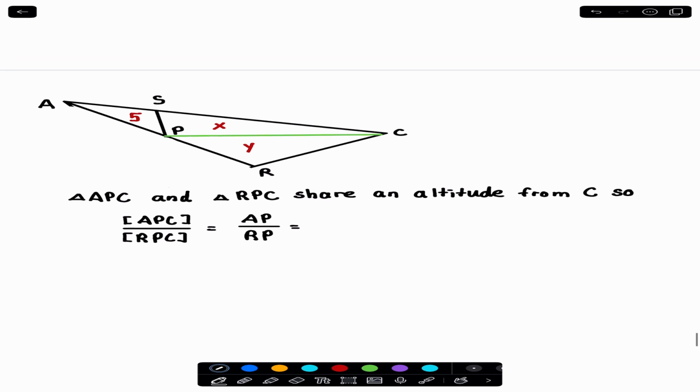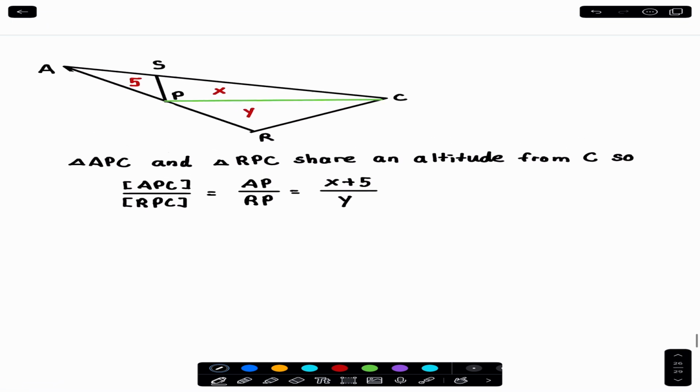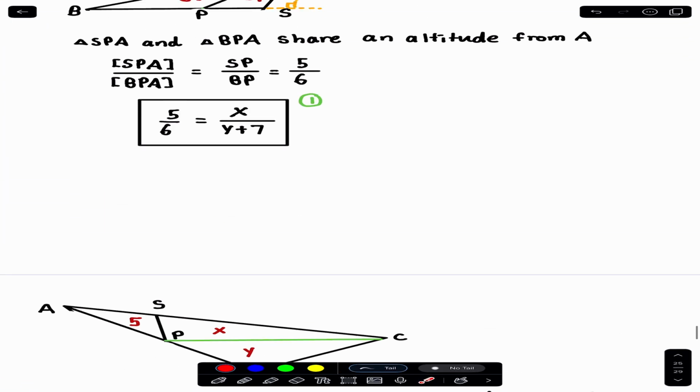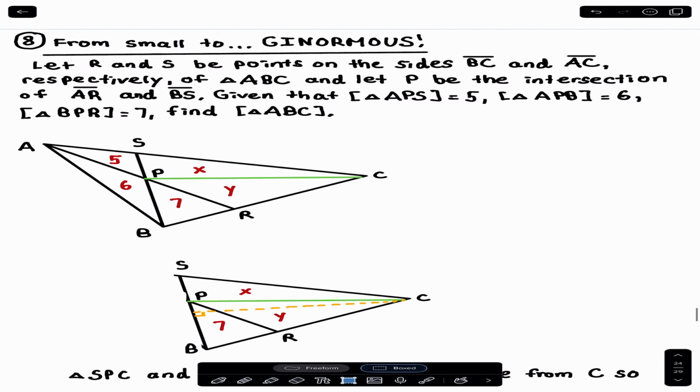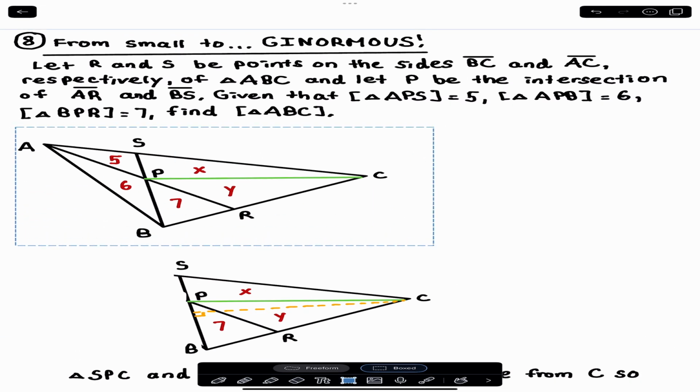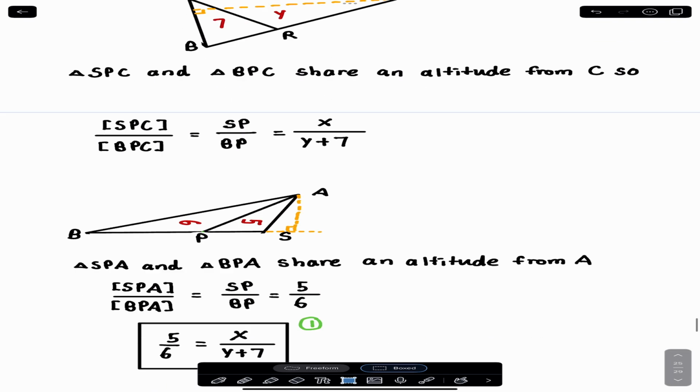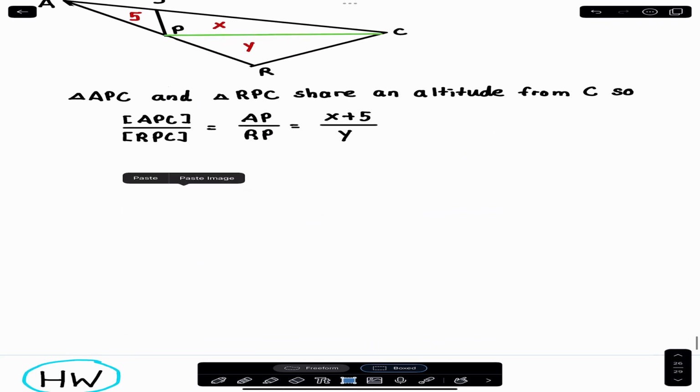That is equal to the area of triangle APC, which is x plus 5, and the area of triangle RPC, which is y. Great. I'm actually going to copy this diagram so I don't have to add x and y manually every time. That was getting annoying.